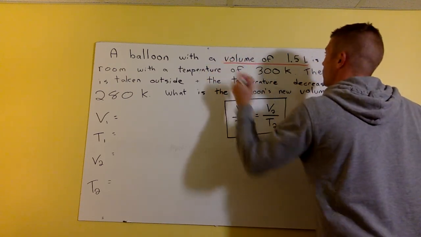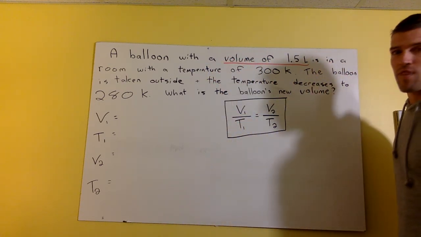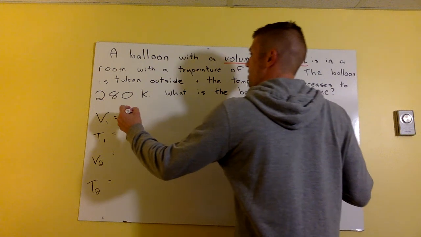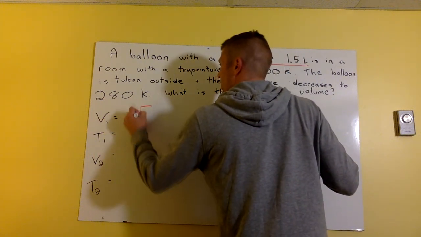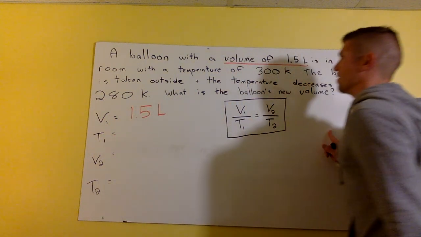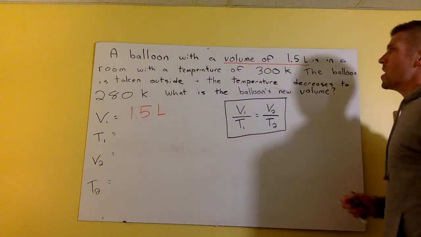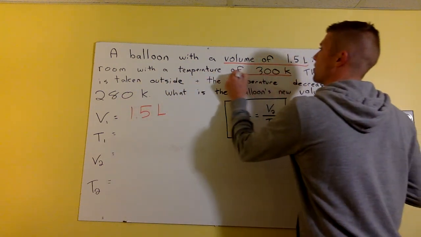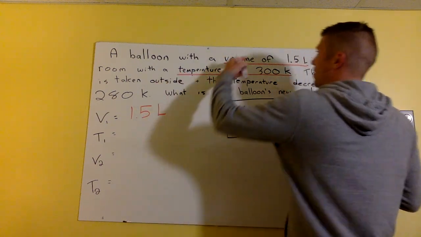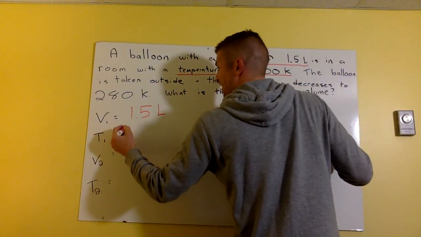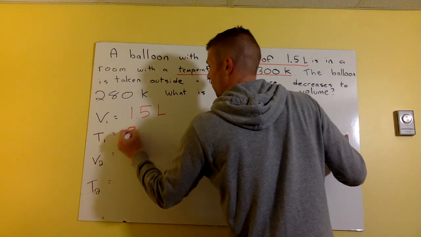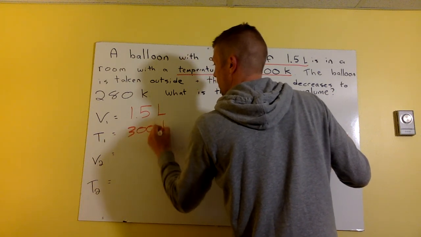A volume of 1.5 liters, that's going to be my V1. In a room with a temperature of 300 Kelvin. These are my V1, T1 because these are my first set of conditions.